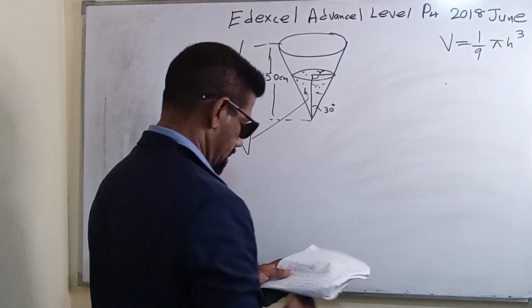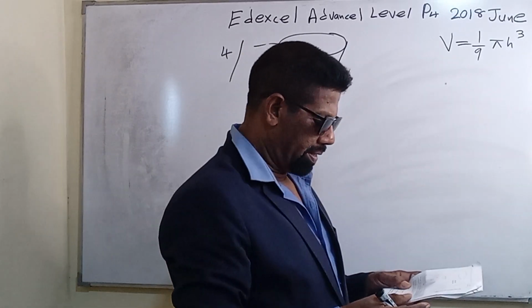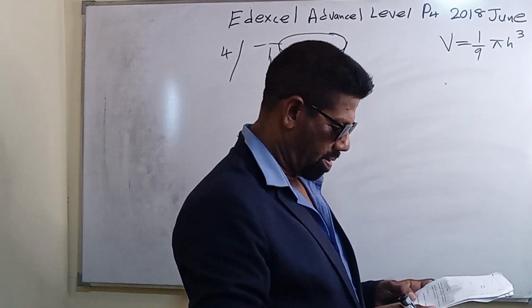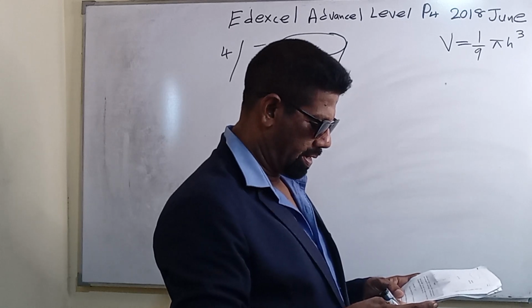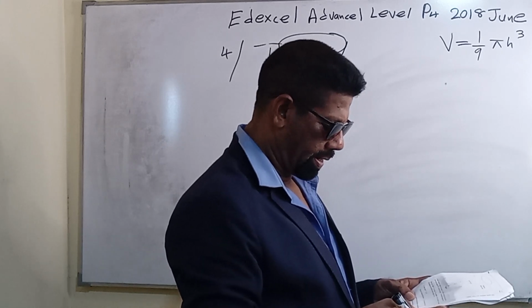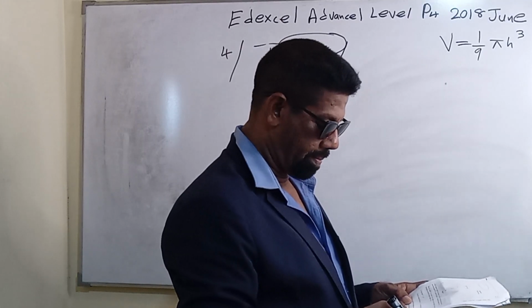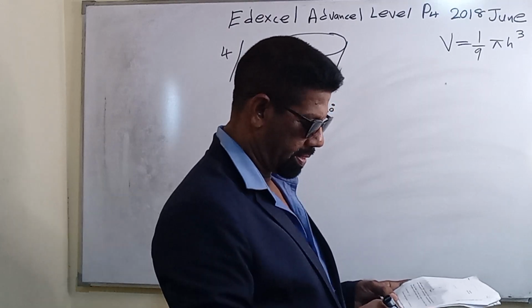Read the second part carefully. Given that the volume of water in the container increases at a constant rate of 200 cubic centimeters per second.